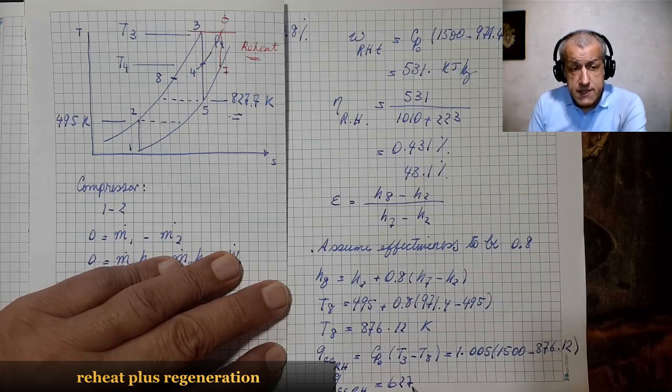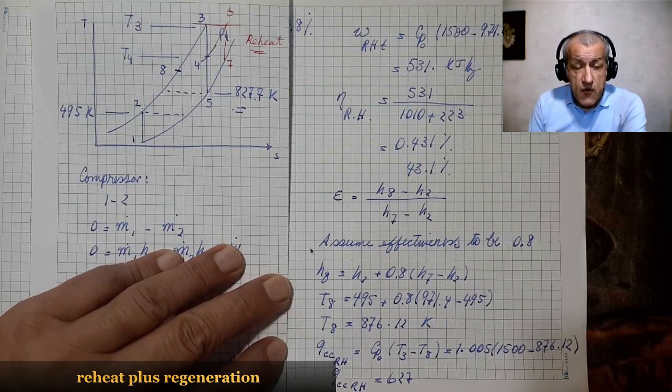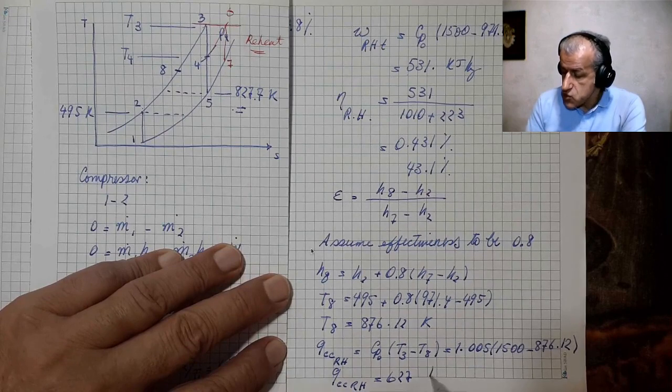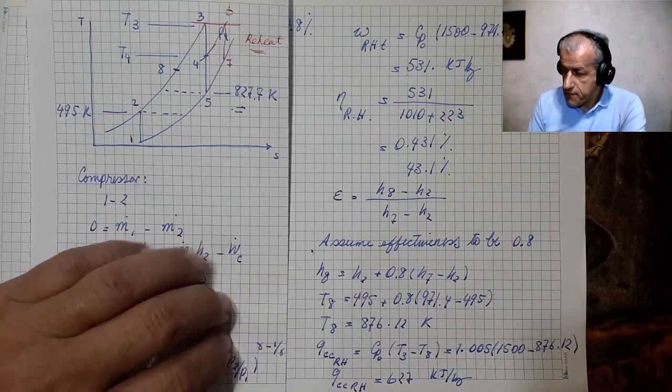Now it is 627, so it is 40% less heat to be added, kilojoules per kilogram. And that's a good number.